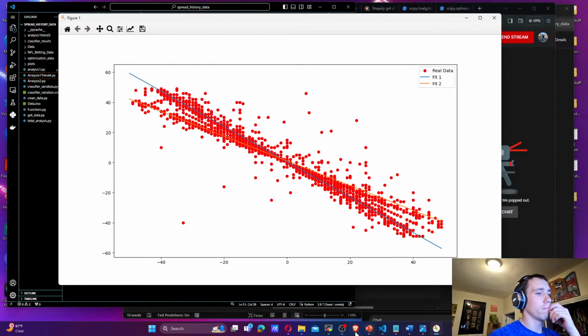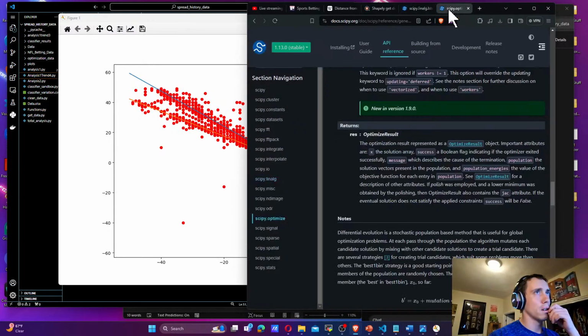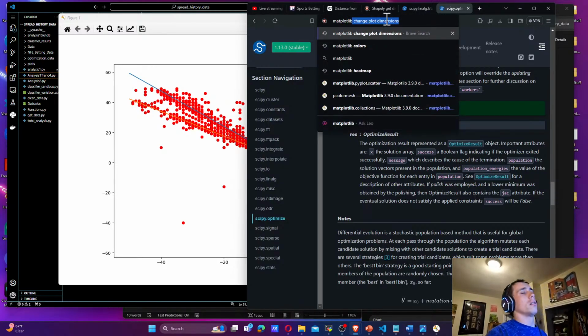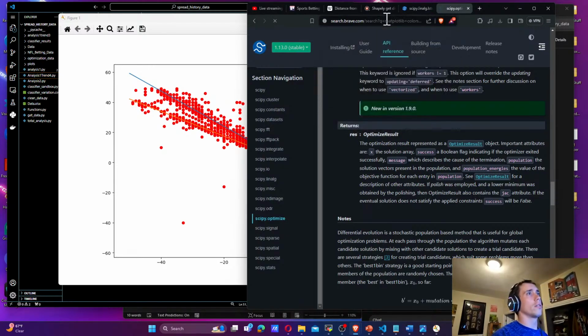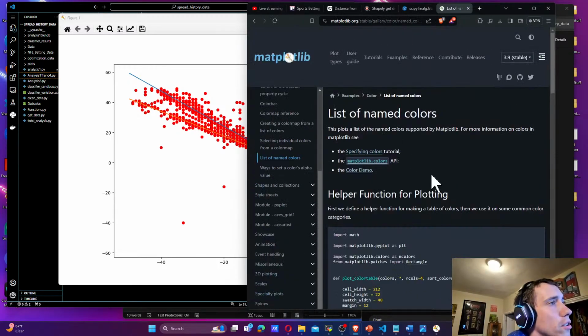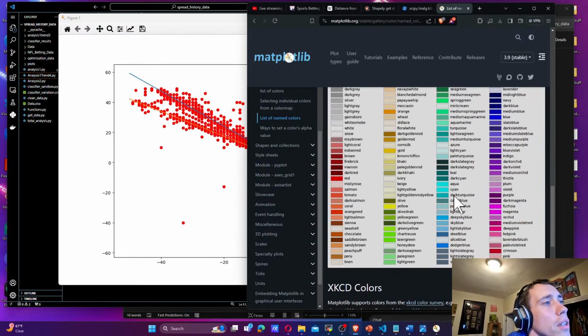Let's make that a different color, not red. Matplotlib colors. So the first line, let's just do cyan and green. Cyan and green.